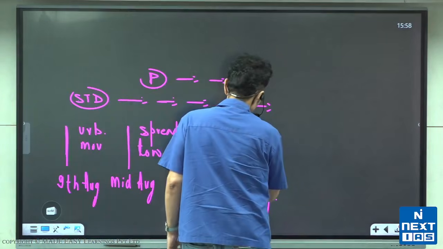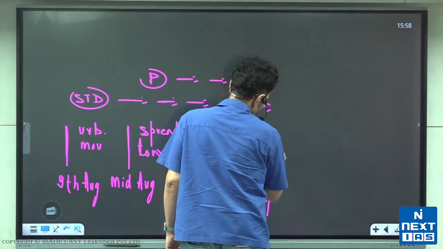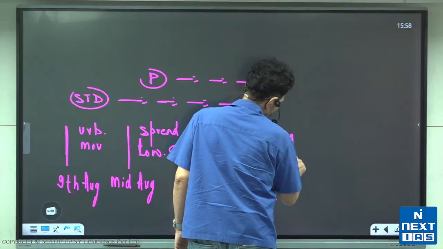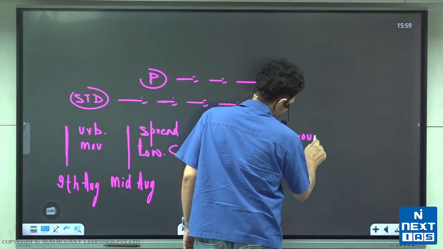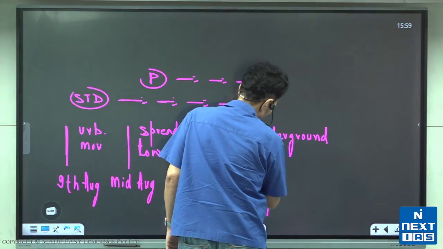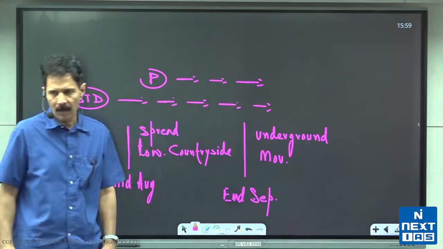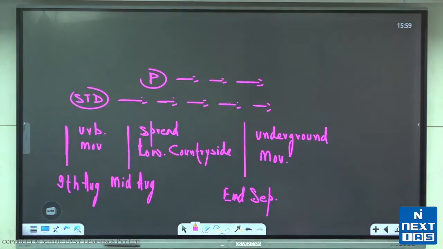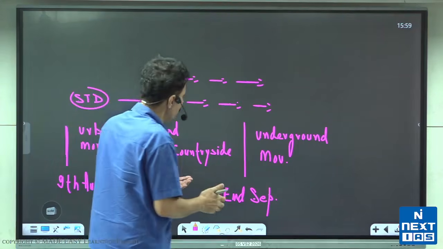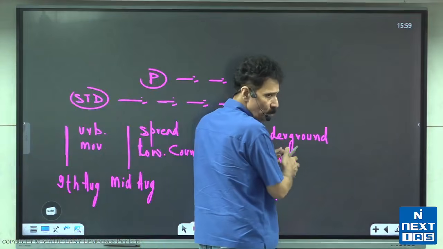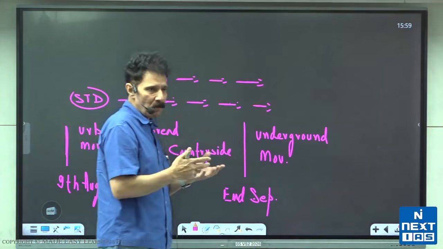The movement became an underground movement. So what was the factor behind the movement becoming underground? The British suppression and oppression.